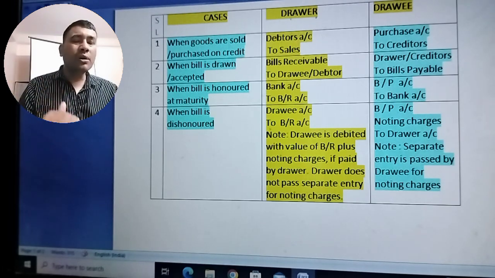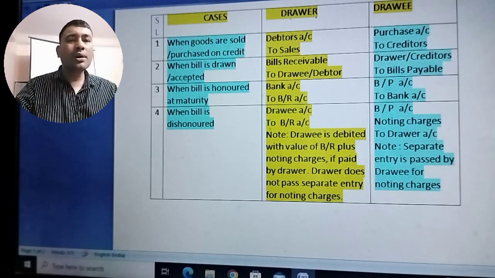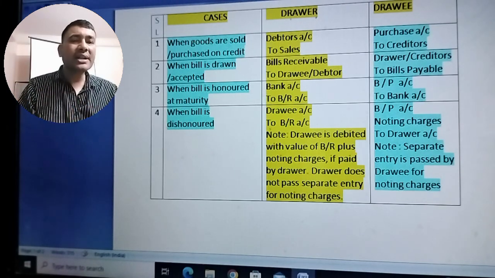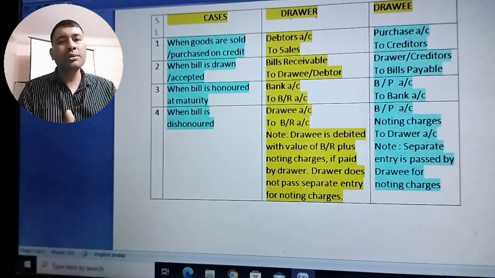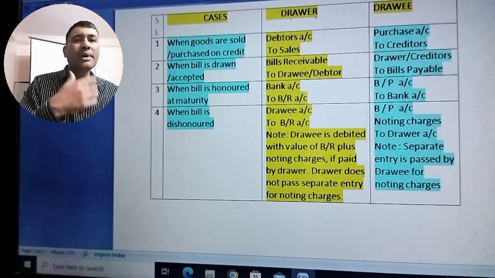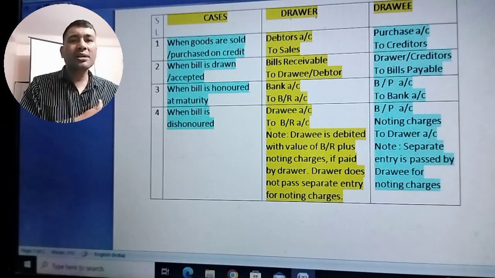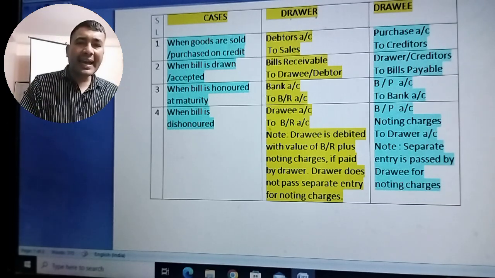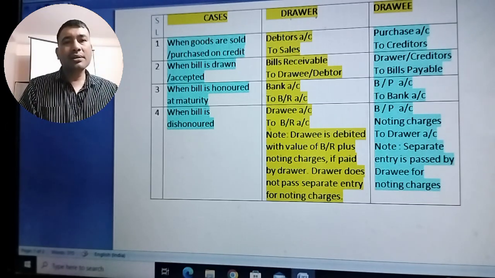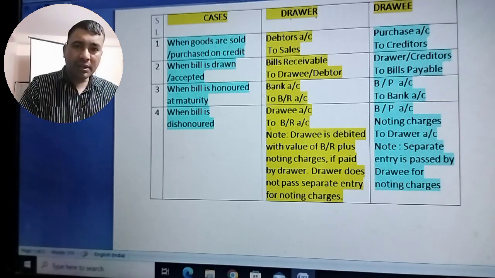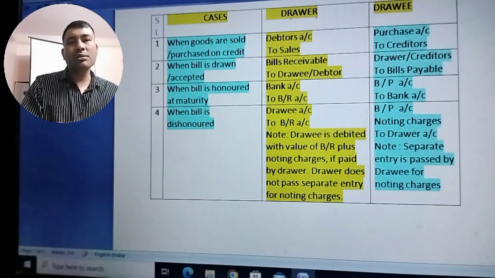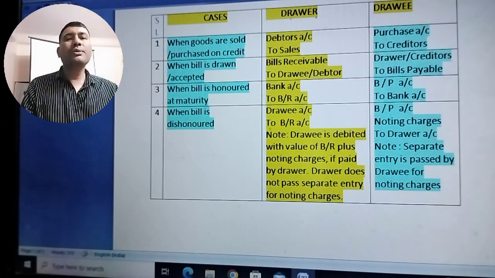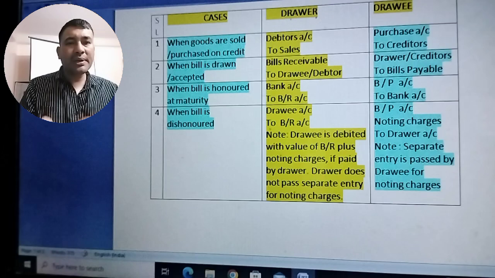When the bill is dishonored, drawee to bills receivable including noting charges. But in the books of the drawee, the first entry will be for goods purchased. So you will pass purchases to creditor or to drawer. Then upon acceptance of the bill, the entry will be drawer to bills payable. When the bill is honored, bills payable to bank. When the bill is dishonored, bills payable account debit, noting charges account debit to drawer.